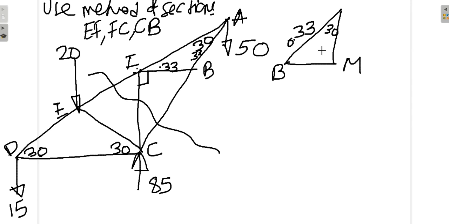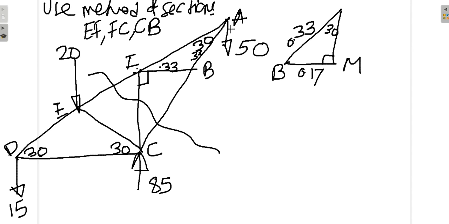This angle is 30. This angle is 90. So obviously the side opposite to 30 degrees will be half the hypotenuse, and the distance BM will be 0.17 approximately. Actually it will be 0.167, something like that, but you can take that as around 0.17.